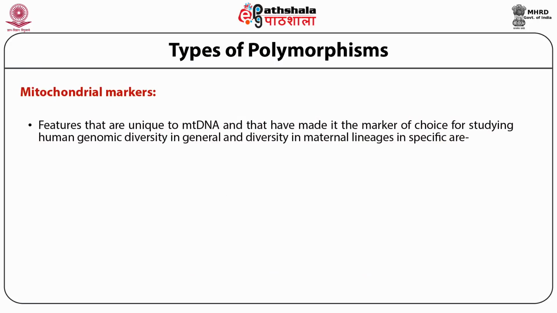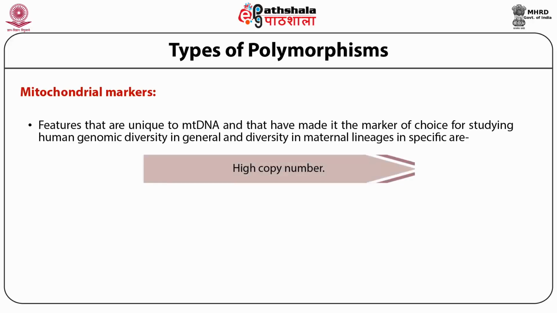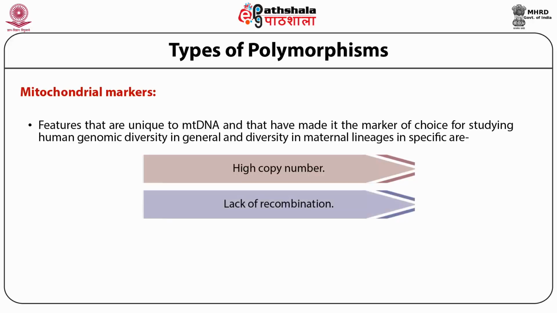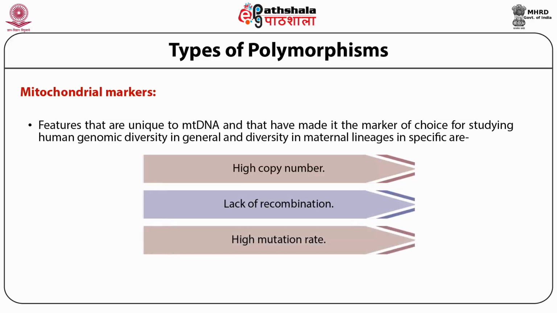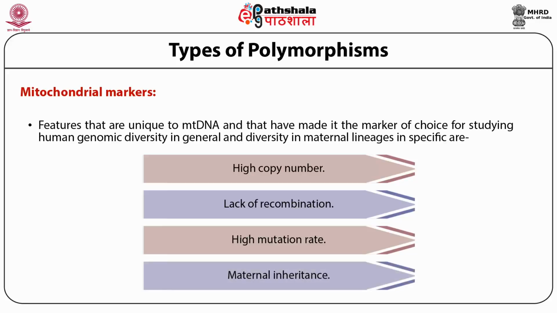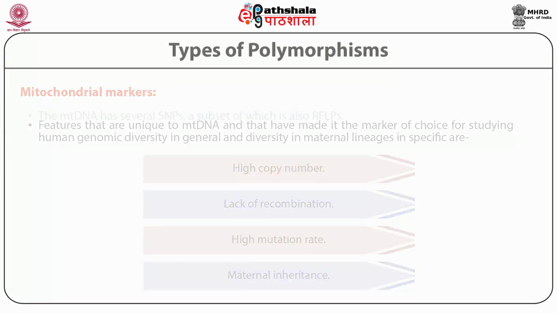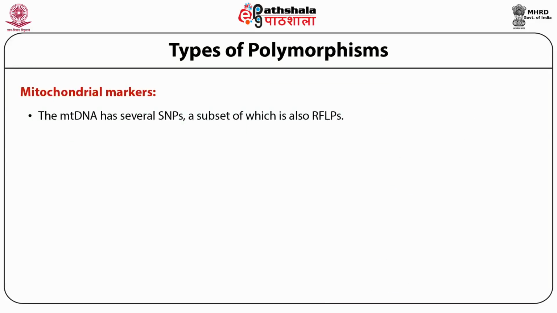Features that are unique to mitochondrial DNA, and that have made it the marker of choice for studying human genomic diversity in general and diversity in maternal lineages in specific, are: first, high copy number; second, lack of recombination; third, high mutation rate; and finally, maternal inheritance. The mitochondrial DNA has several SNPs, a subset of which are also RFLPs.